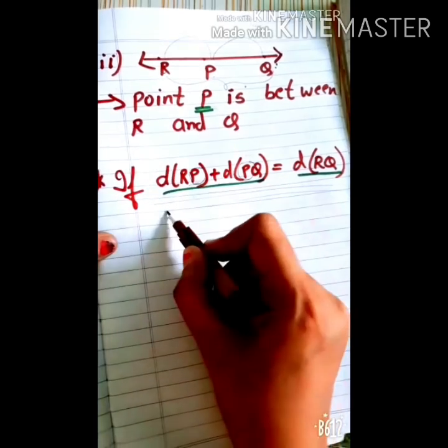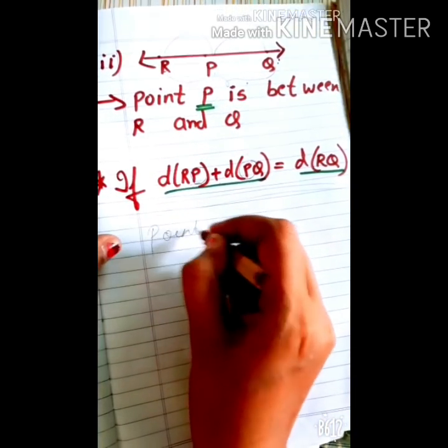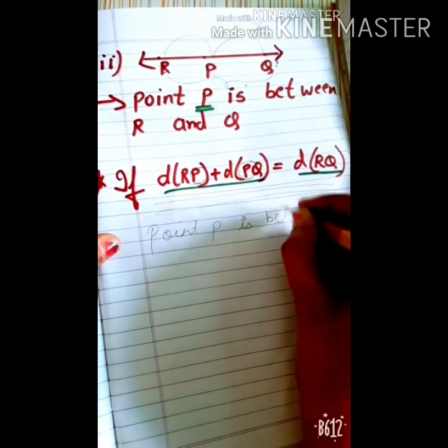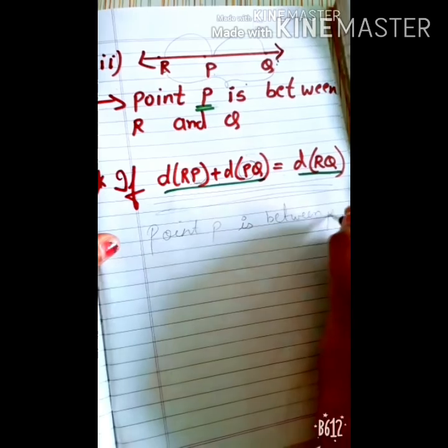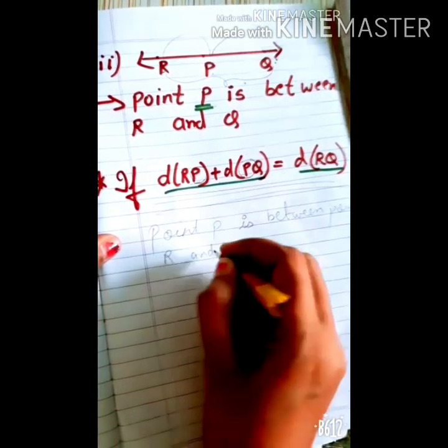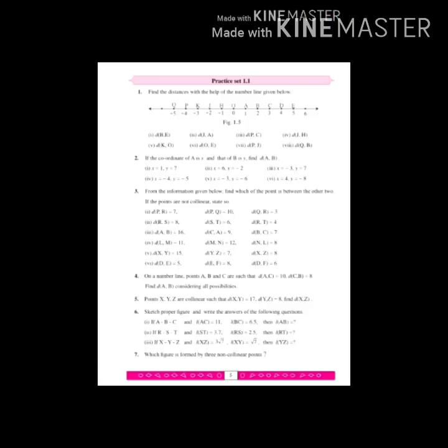So here we can say point P is between points R and Q. Now you understood how to find the distance between 2 points and the betweenness.